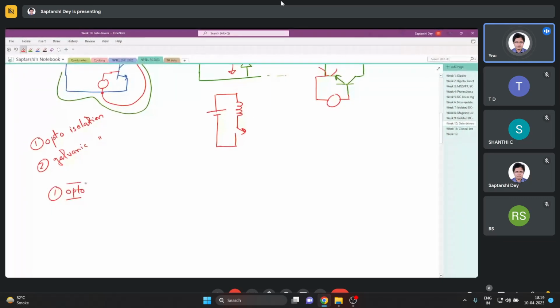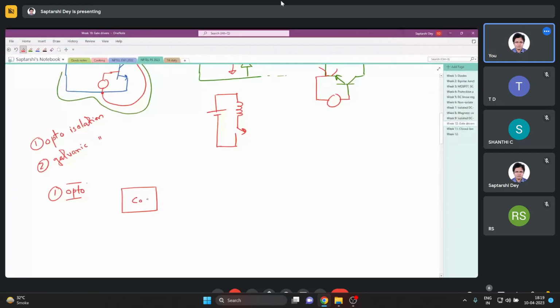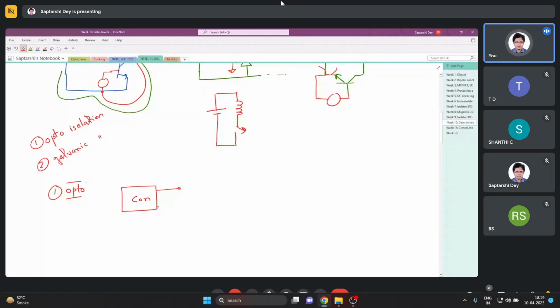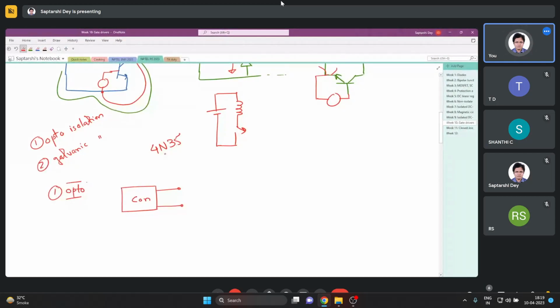Say I talk about opto isolation first. Now this is my controller circuit, and it is giving me some signal. There are several ICs. I think 4N35 is one optical isolator, and there are other things also.